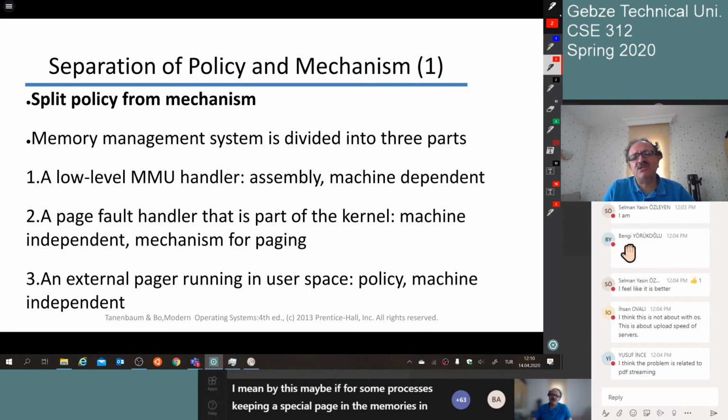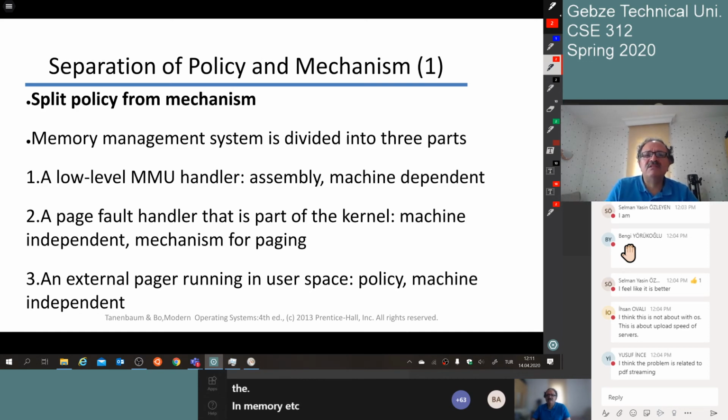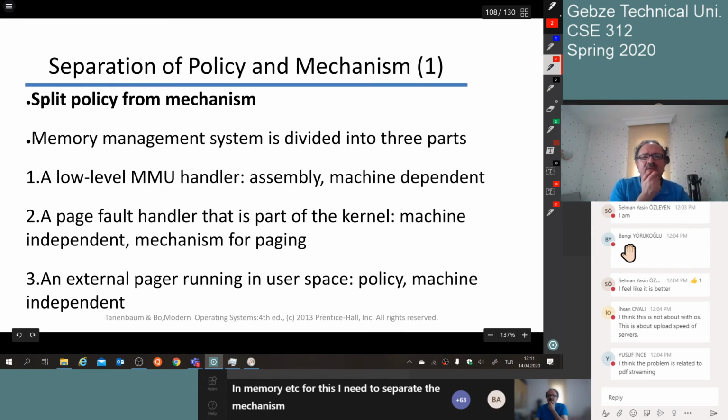Maybe the application knows what the working set is, and says that I am going to keep this many frames in memory, etc. For this, I need to separate the mechanism of memory management from the policy of memory management. Those two things are different.